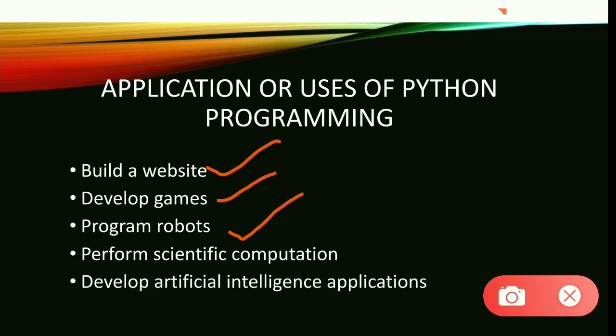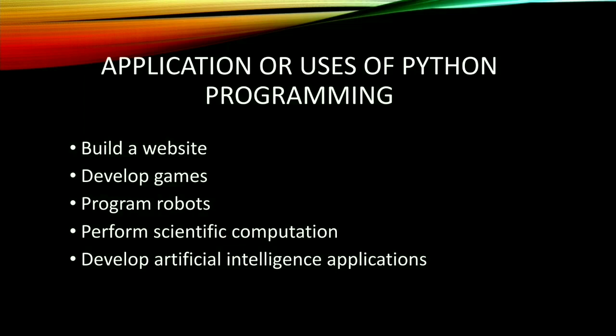For programming robots, for scientific computation, for developing artificial intelligence applications. Because Python is an easy programming language with simple syntax, it is more understandable than any other type of language. Okay, these are the applications where we will use this Python language.